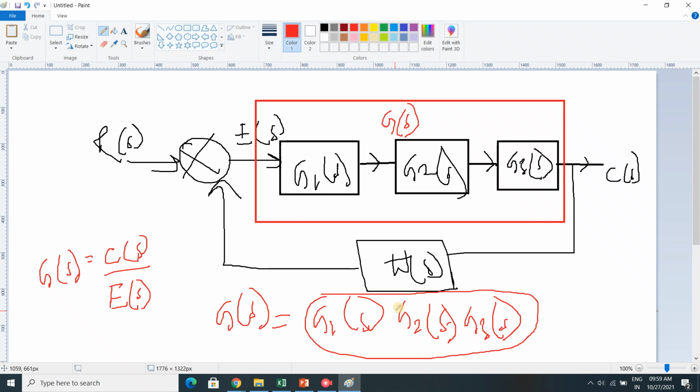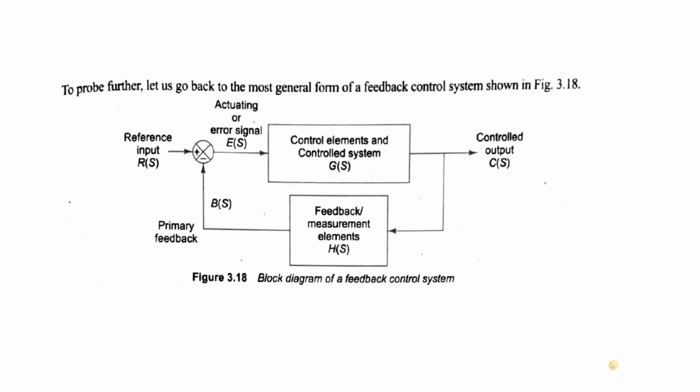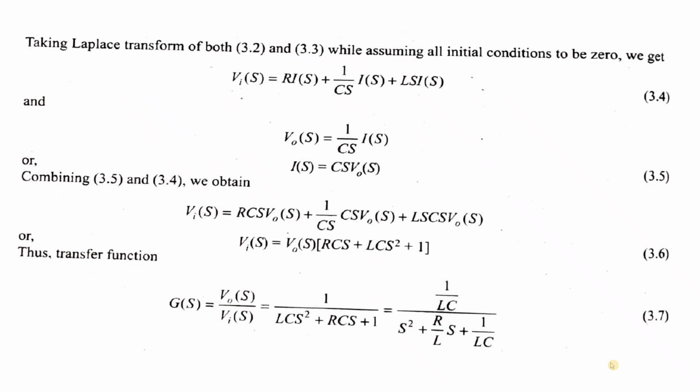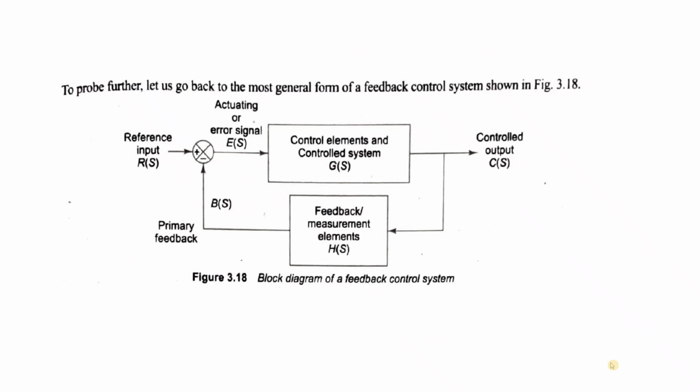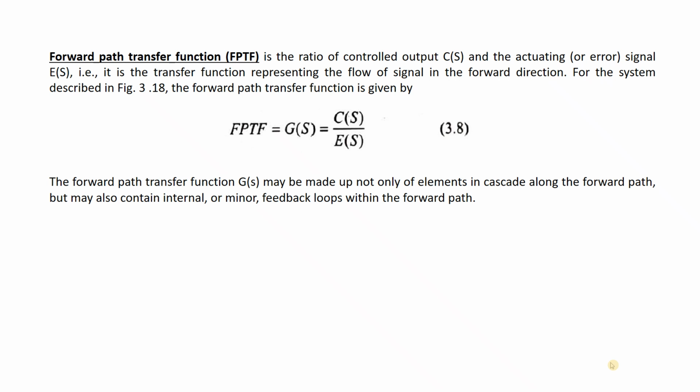So in this case, we have only one particular block, so our forward path transfer function will be C(s) by E(s) equals G(s).